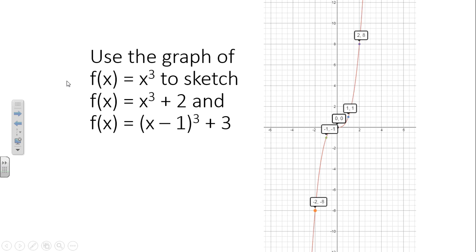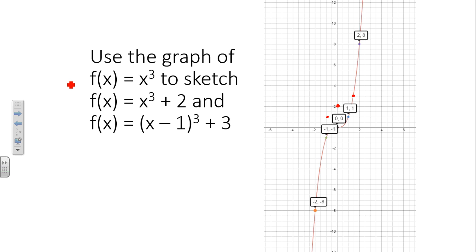What will this second graph look like? What's going to happen to it in relation to the first? Up 2, okay? So every point that would be here will be translated up 2. 0, 0 is now going to be 0, 2. 1, 1 is going to be 1, 3. Okay? And negative 1, negative 1 is going to be negative 1, 1, right?